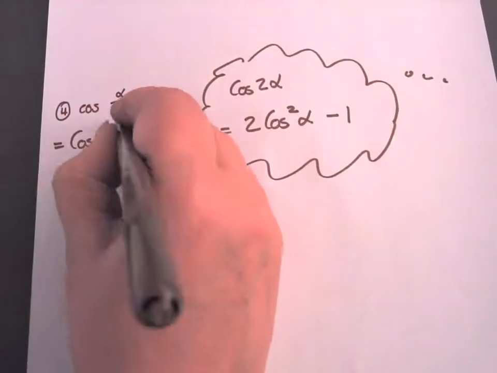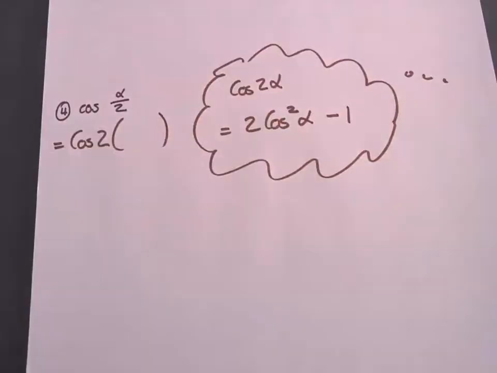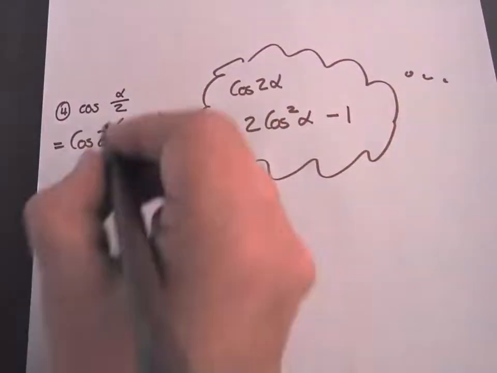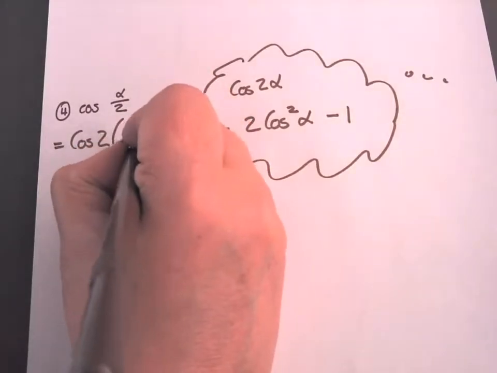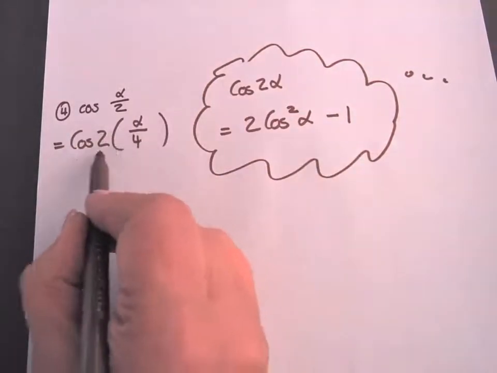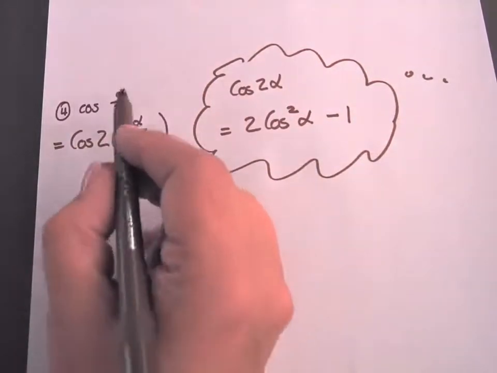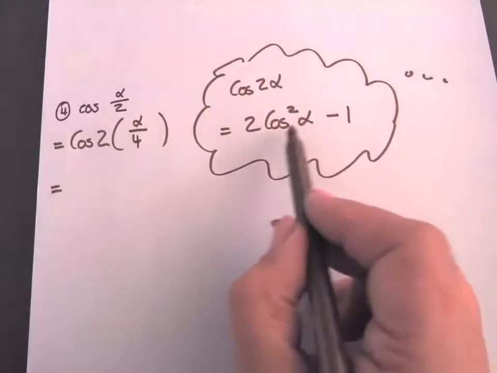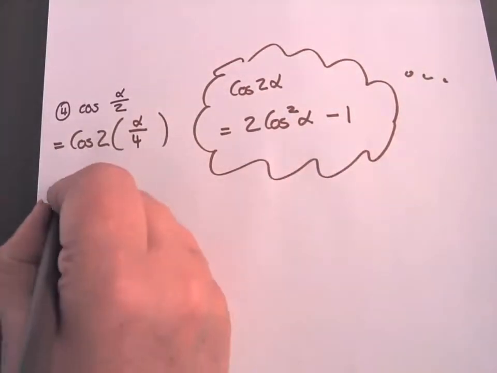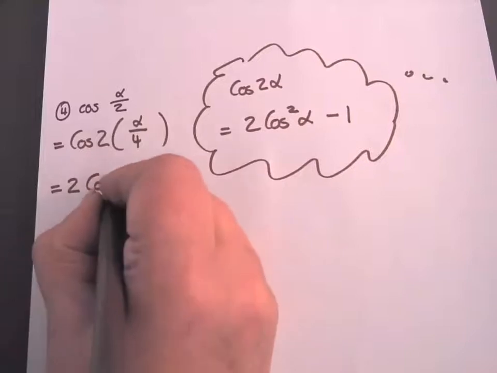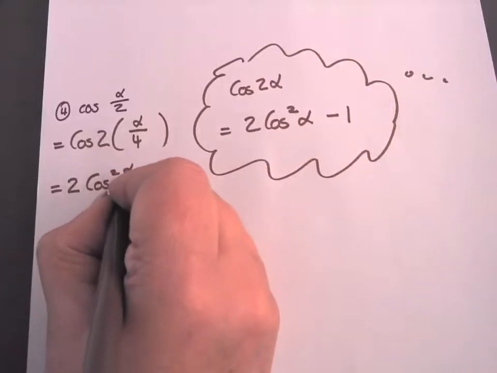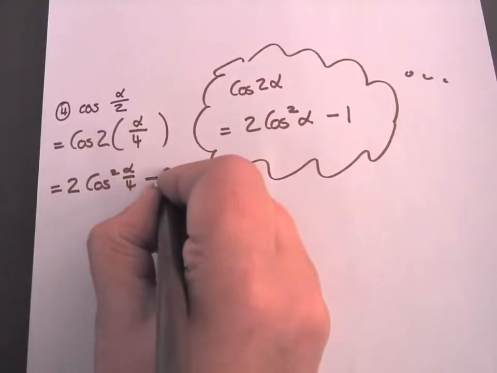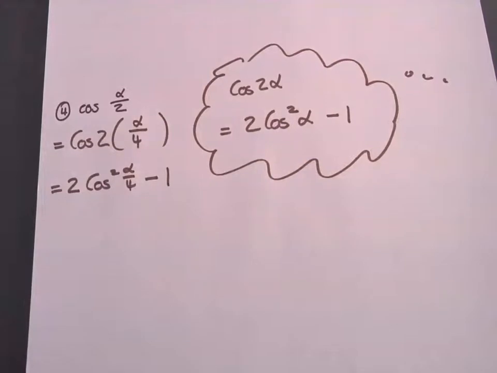Cos 2. Again, I have to multiply it with alpha over 4. If I multiply these two, I will get alpha over 2. And now I can just use this formula to get my answer. 2 cos squared alpha over 4 minus 1. Any questions?